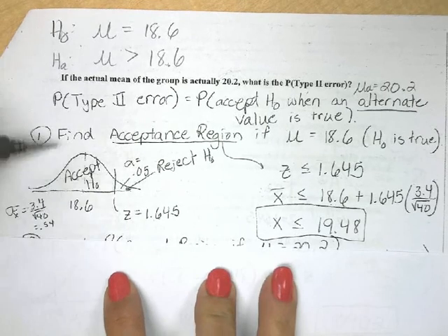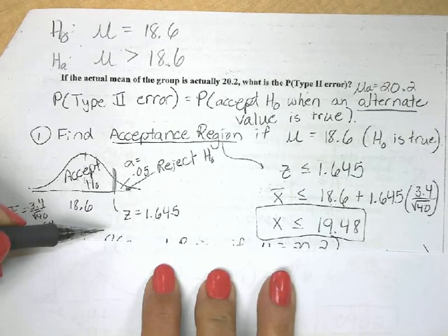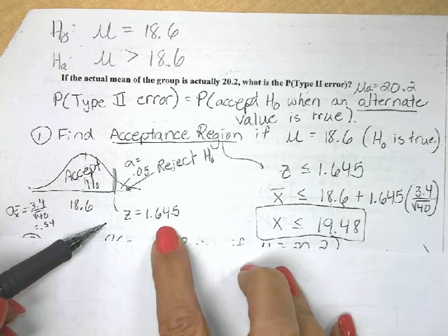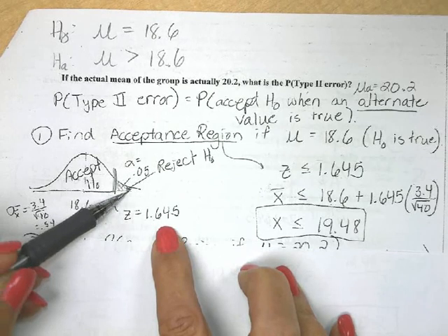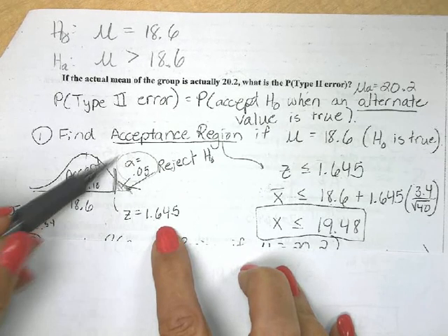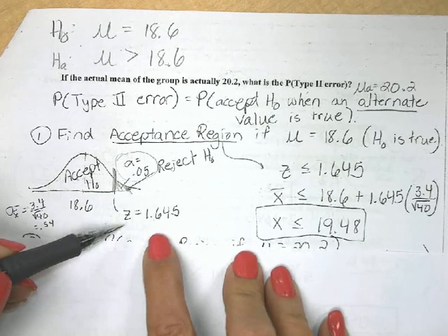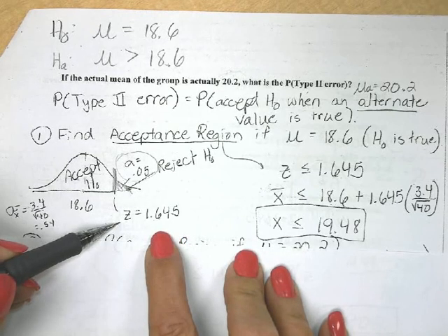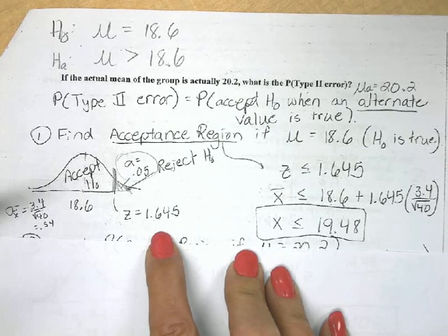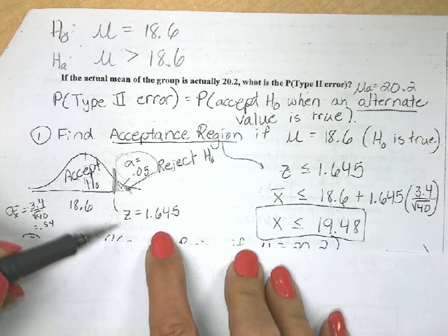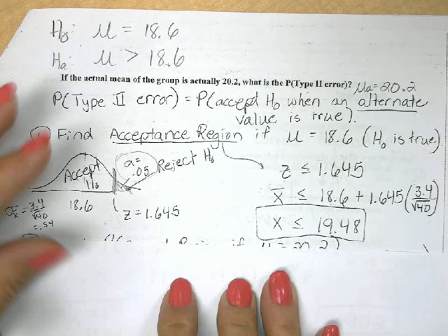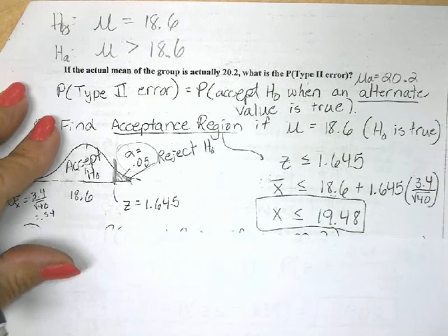So we have to find this score. The first thing I do is find the z-score that corresponds with this upper tail of 5%, which is my significance level. I look this up in the back part of the book, or we can look it up in the front part of the book as well. But notice that this is a positive z-value when we're up here. And then I need to transform that into an X bar.